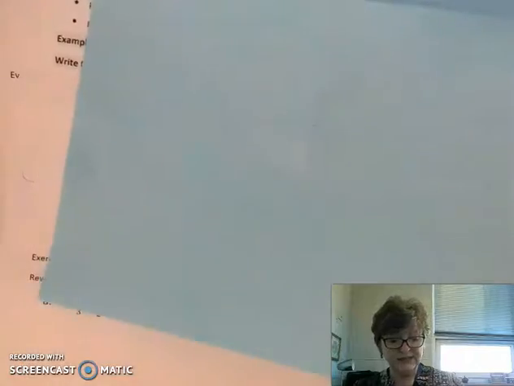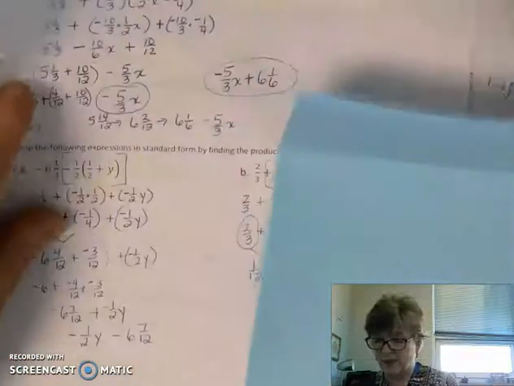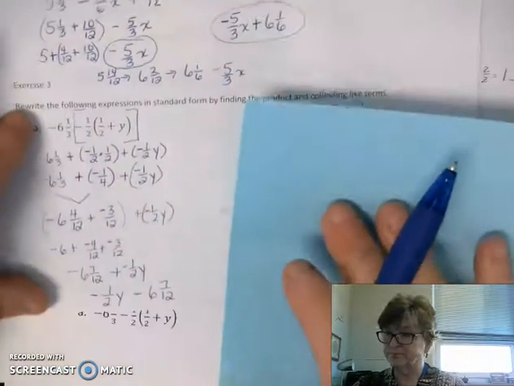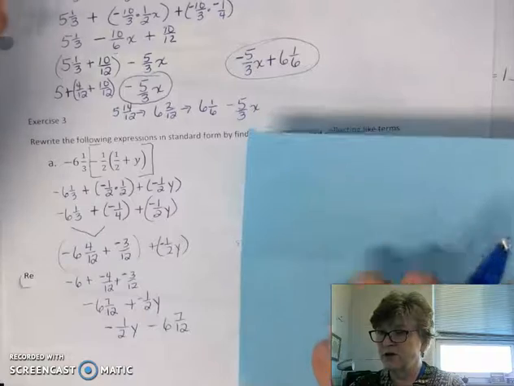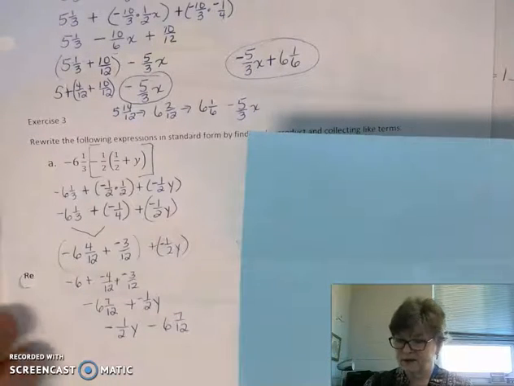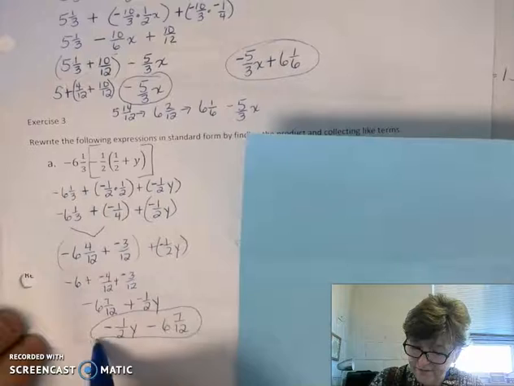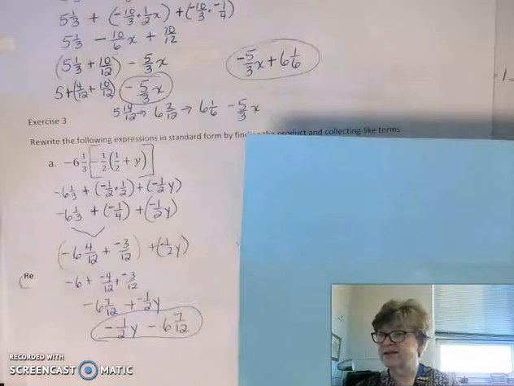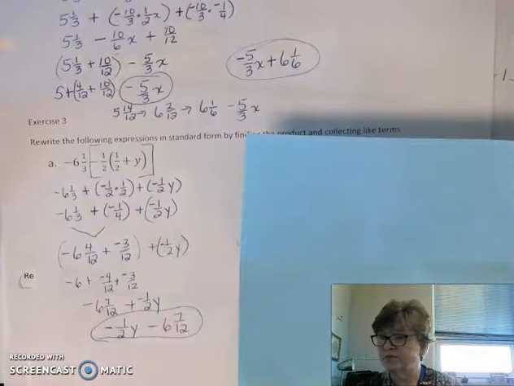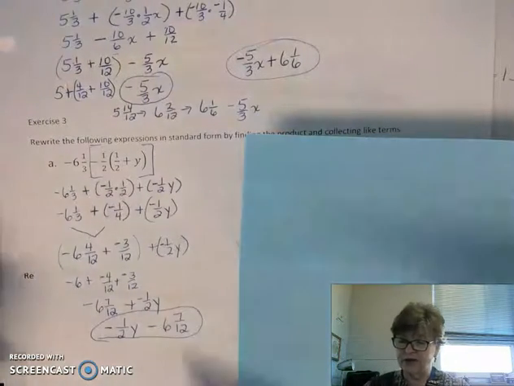Okay, you're back, and let's take a look at that problem. So here we go. Did you find negative 1/2 y minus 6 7/12? Let's take a look at each step.